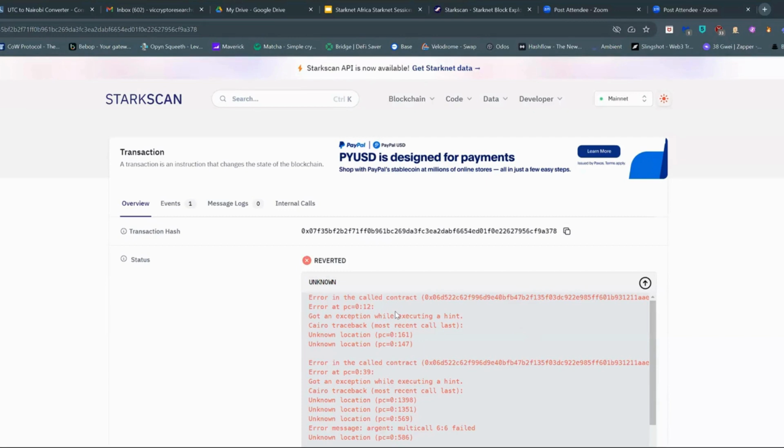So a transaction which is able to be validated but the execution fails is going to be reverted. And finally, the last execution status is succeeded. A transaction which succeeds is a transaction which is successfully executed by the sequencer, and it's included in a block which is submitted to the prover.